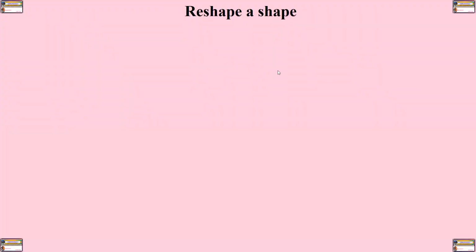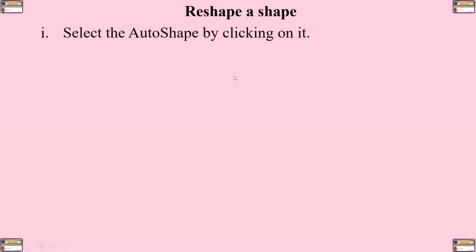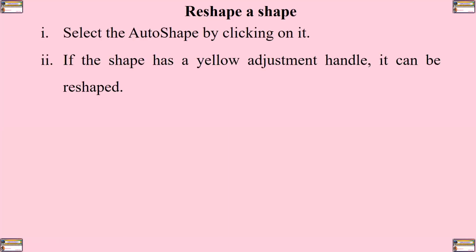You can always change the shape of your shapes. So you can reshape a shape. To reshape a shape, that is, change the look of the shape, you can select that auto shape by clicking on it. If the shape has a yellow adjustment handle, it can be reshaped.